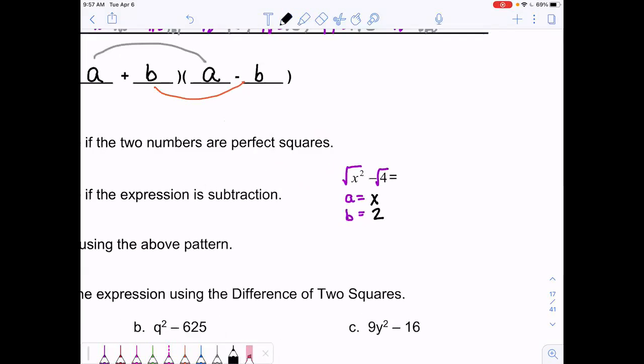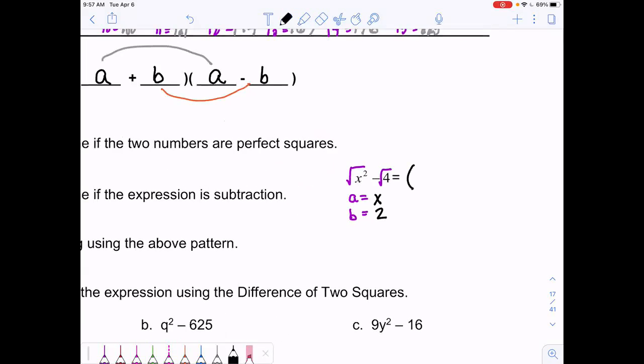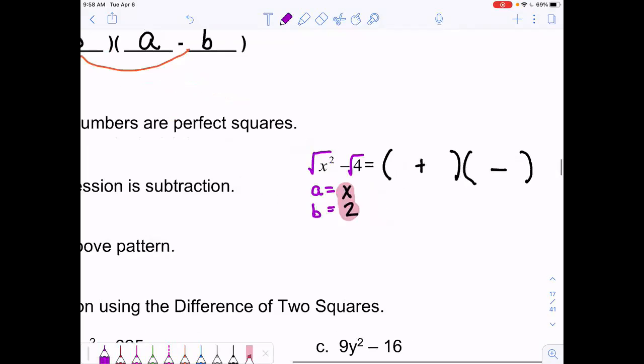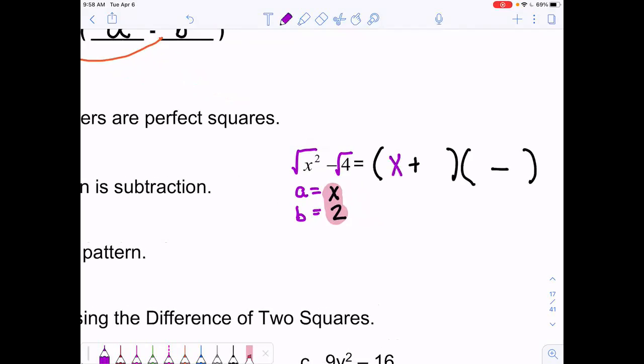And now we're going to use the pattern above. The pattern above has 2 parentheses, one with a plus, the second with a minus. And you're going to fill in those 2 values that Jason just gave me for a and b. So x plus 2 and x minus 2.